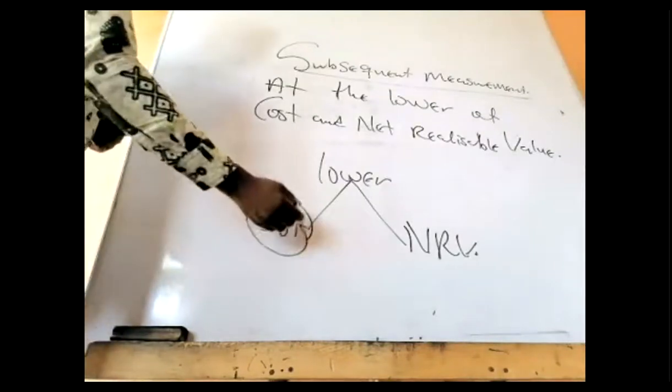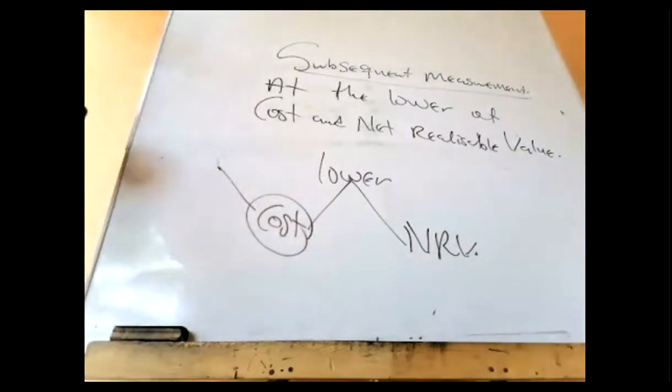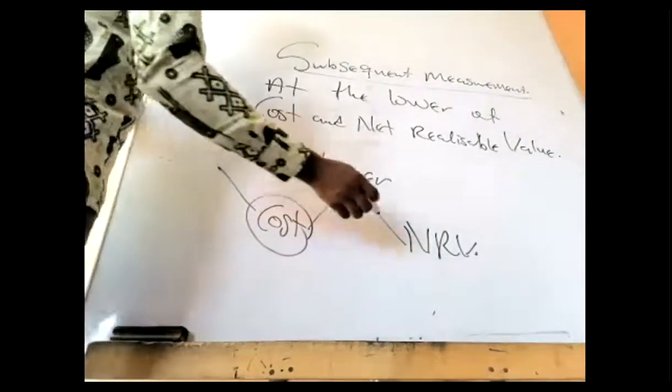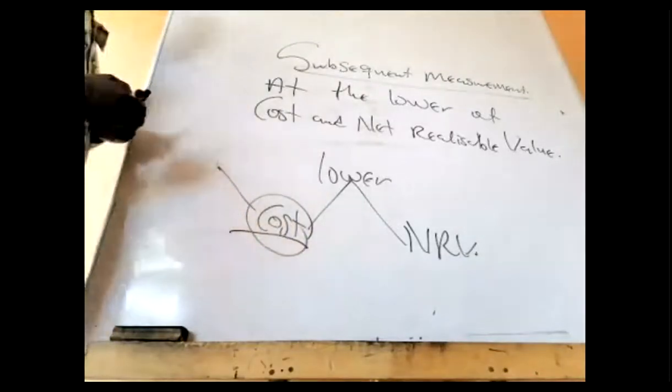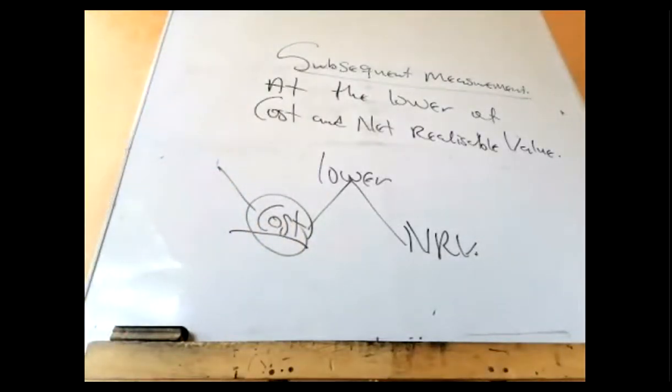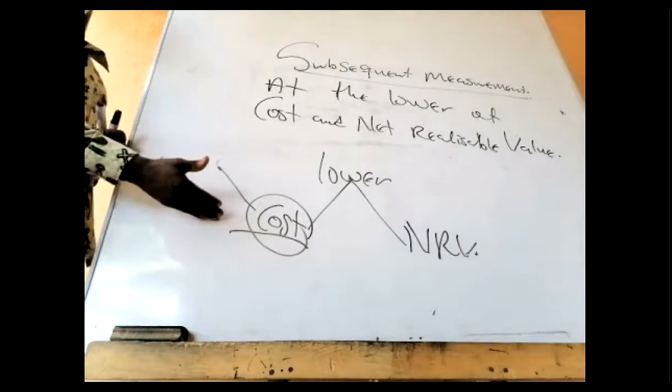The cost doesn't mean the initial cost or subsequent cost. Let's see, and then the NRV. So I'll take them one after the other. So let's take this cost. Now the subsequent cost, we have what we call cost formulas. They are methods that we can use to arrive at this cost.